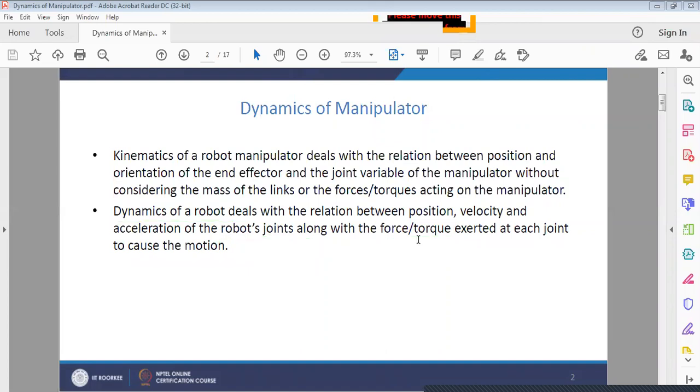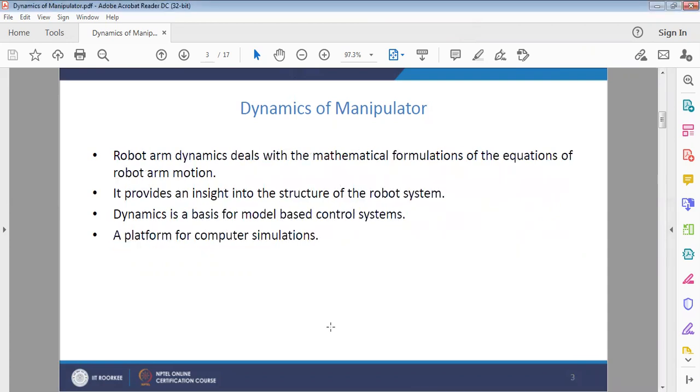So what is the use of learning this dynamics of manipulator? By using dynamics of manipulator, we can design the size of the link, what kind of joint we have to use, and the driving capacity of the joint.